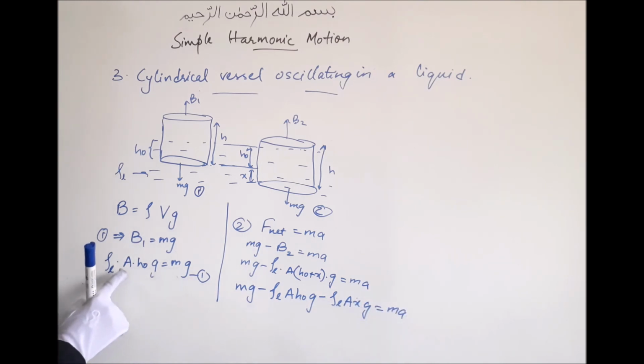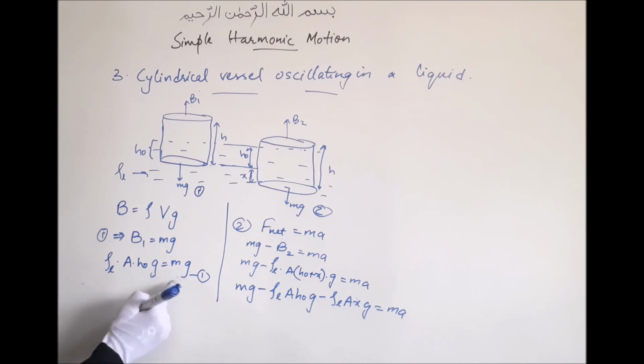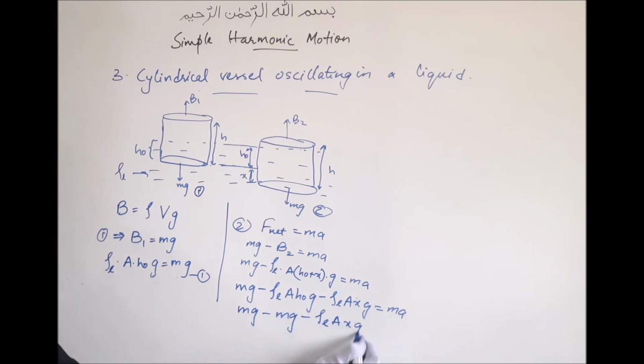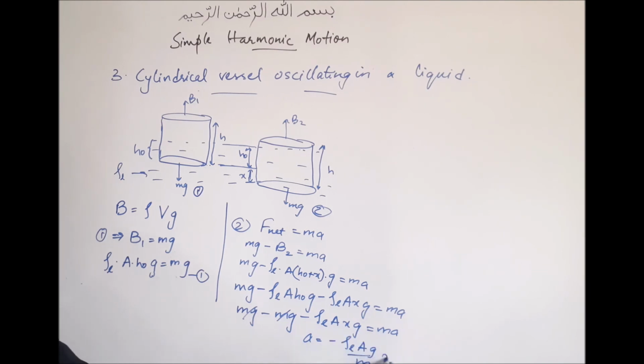Here rho L A h naught g is equal to mg. Substitute that here, we will have mg minus rho L A x g is equal to ma. This and this cancel. We will have a is equal to minus rho L A g by m into x.